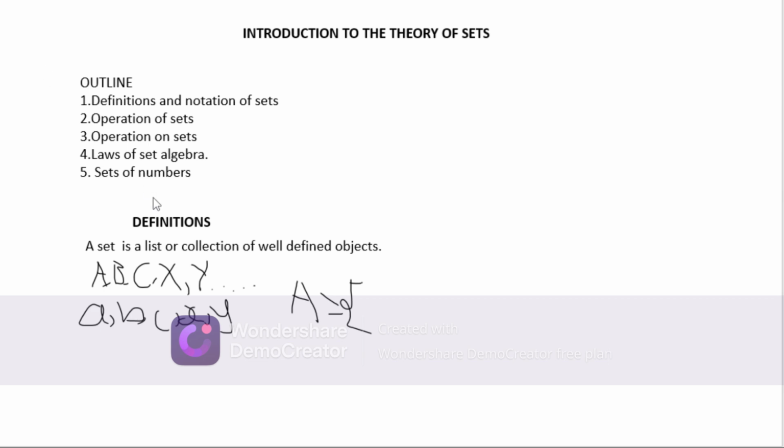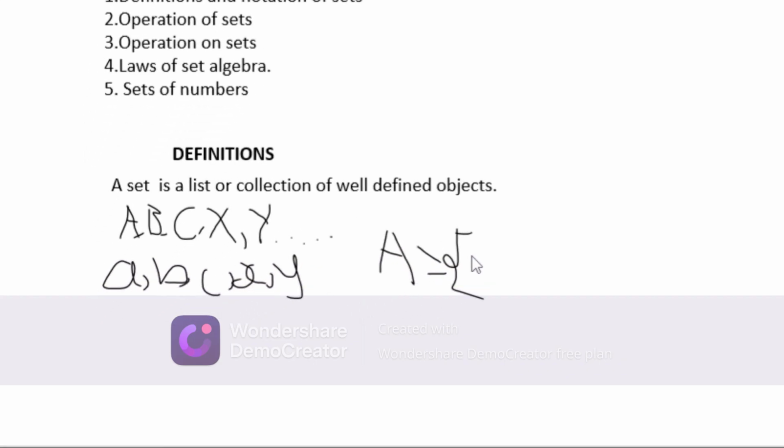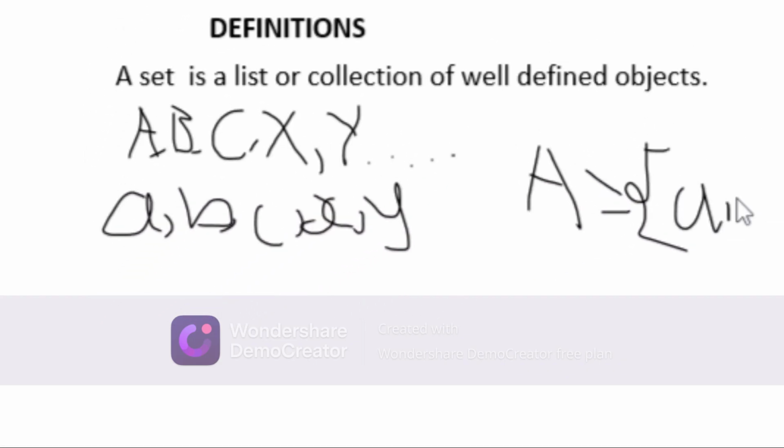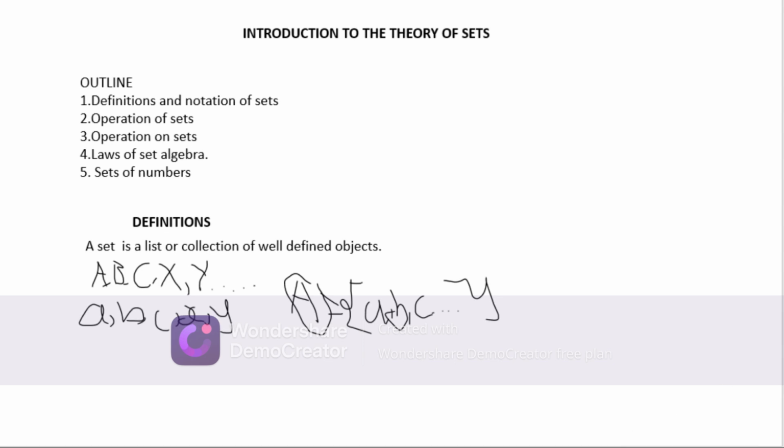So we can say set A contains a, b, c, or whatever we put inside there. This is set A, and a, b, c are the elements of set A. That's what we mean when we say sets are denoted by capital letters.